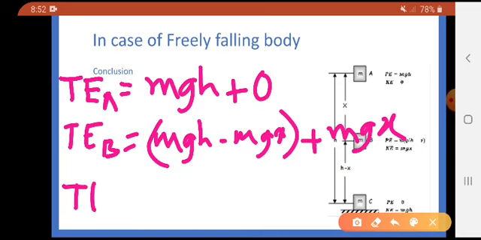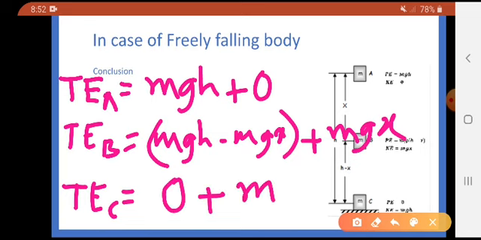And total energy at C equals 0 plus mgh. See these three positions, the three equations.